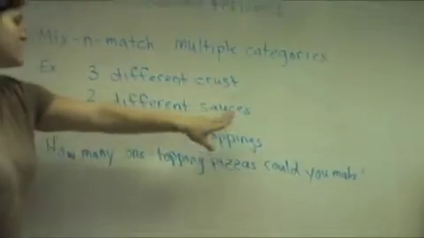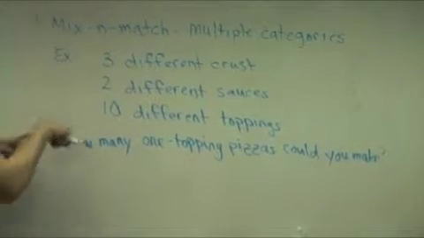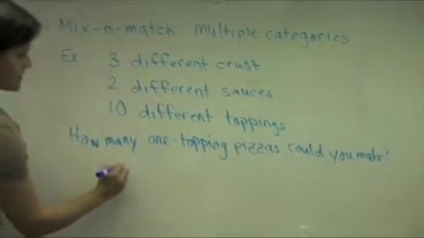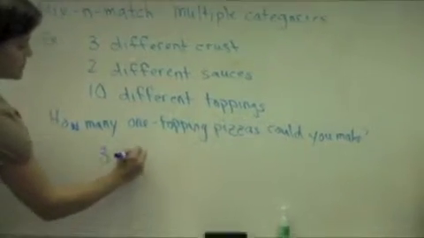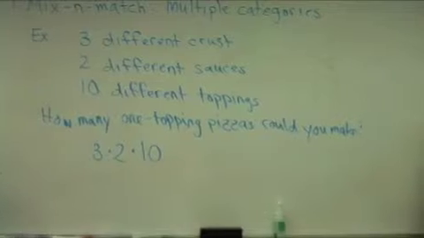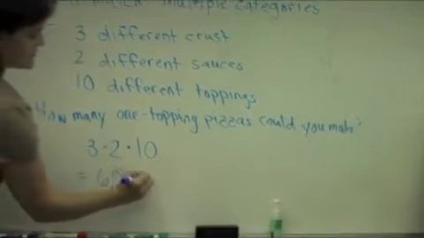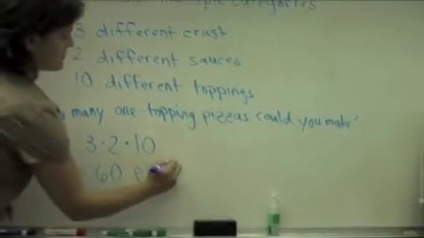You have 3 different crusts, 2 different sauces, and 10 different toppings. And in this type of problem, the answer would be the multiple of all those different topics. And you could essentially make 60 pizzas. 60 1-topping pizzas.